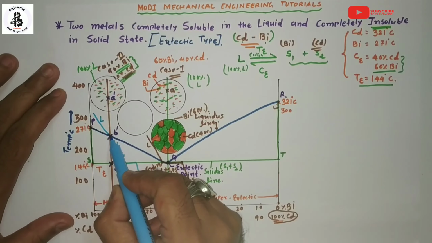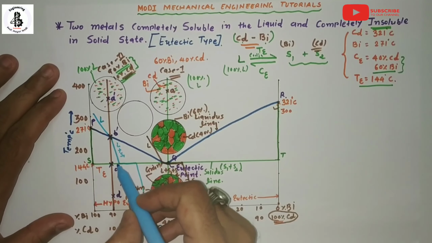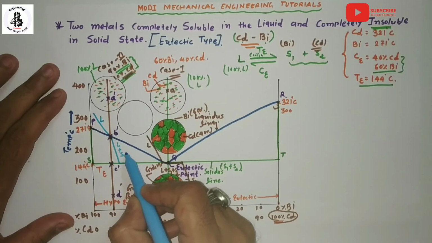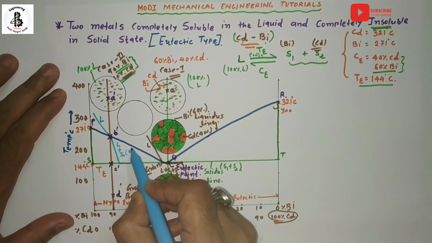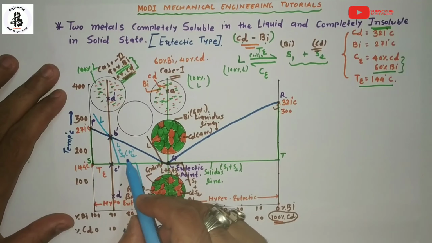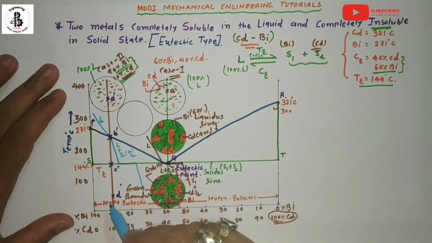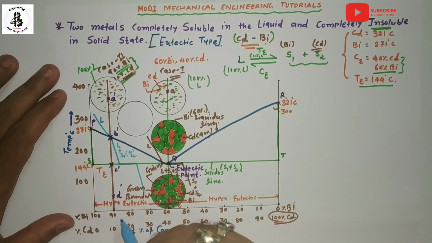After this region, it will make liquid plus solid. Here either S1 or S2 is possible, but practically whichever metal has an enrichment, that metal starts the solidification process.